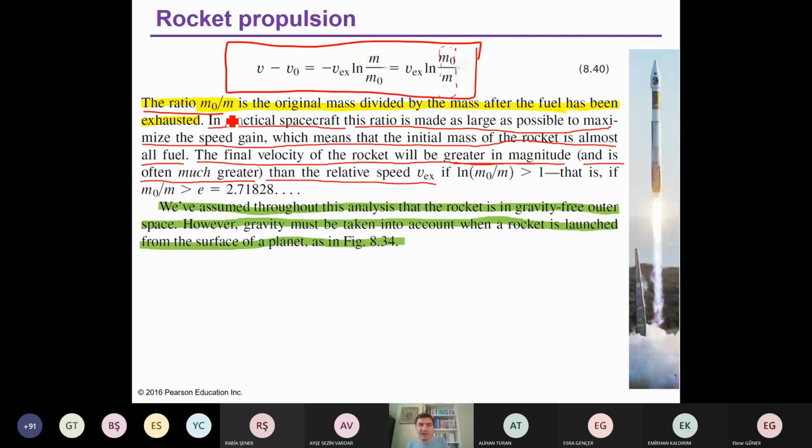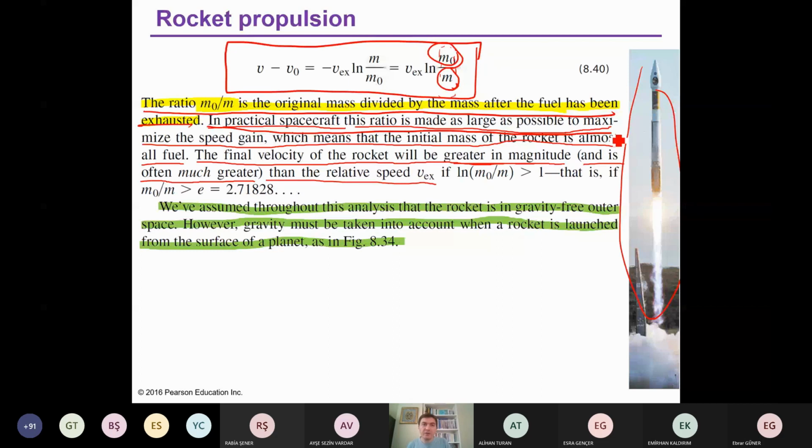At the beginning, the mass of the rocket is given with m0, and after certain time, the mass of the rocket is decreased to m. Okay, this is the ratio. In practical spacecraft, this ratio is made as large as possible to maximize the speed gain, which means that the initial mass of the rocket is almost all fuel. This is very nice information, very useful.